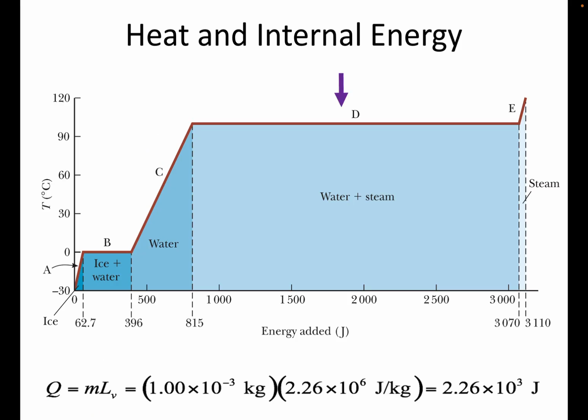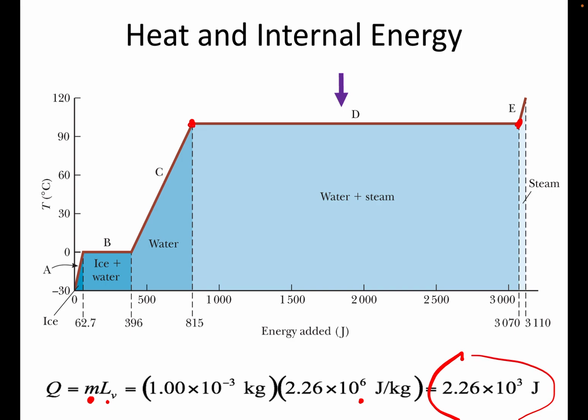Now this part requires much more energy than all the processes before combined. We need to change this 1 gram of water to all steam. So what do we need? We need 1 gram of water times the latent heat for water becoming steam.